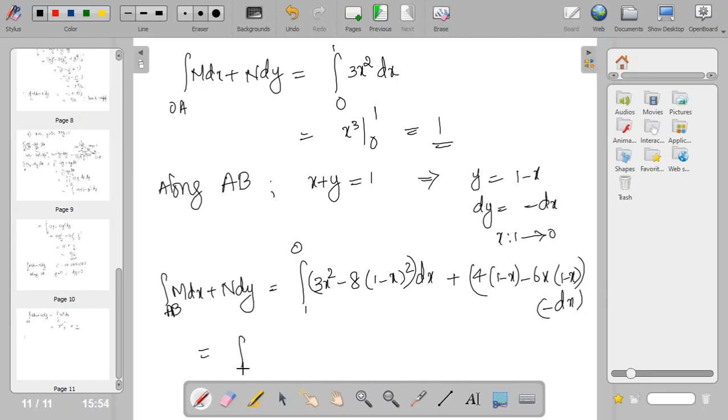So that is integral 1 to 0 3x square minus 8 (1 minus x) whole square, നമുക്ക് plus 4 into x minus 1 എന്ന് എഴുതാം, plus 6x minus x square dx.